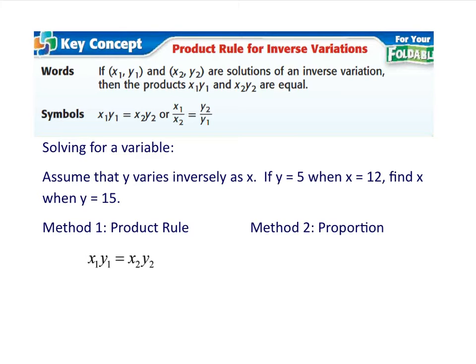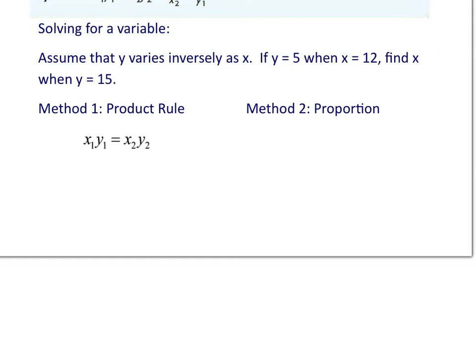So let's look at method 1, the product rule. Method 1 says x sub 1 times y sub 1 equals x sub 2 times y sub 2. So right now let's give a label to each of our y's and x's in those numbers so we know exactly what we're going to plug in. If y equals 5, we'll call this y sub 1. When x equals 12, we'll call that x sub 1. Find x, so that's x sub 2, when y equals 15, and that would be y sub 2.